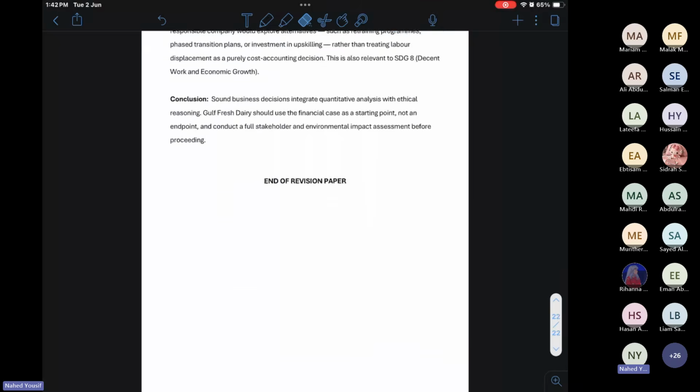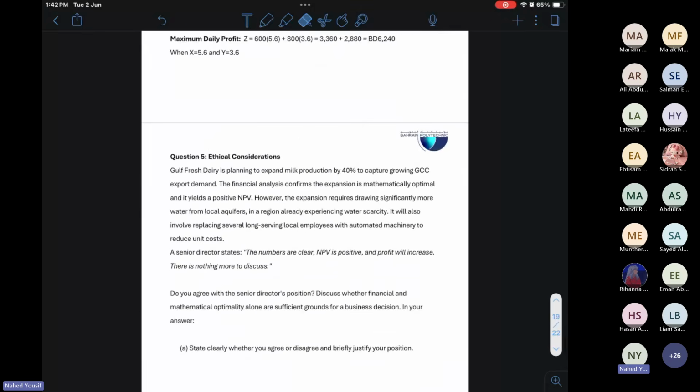So this is the end of the revision. If you have any question, you can raise it. Yes, my dear, I told you many times, the same formula sheet, which is uploaded in your revision folder, will be the same. So please practice with it. You will get the same one.